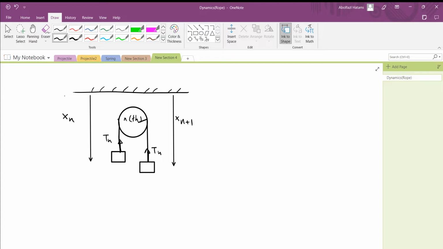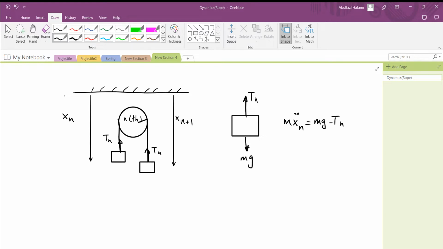If I write Newton's equation for both of these blocks, the equations are the same. For this block, we have tension T_n and a downward force m times g, and m x double dot, the acceleration of the nth block, is m times g minus T_n.